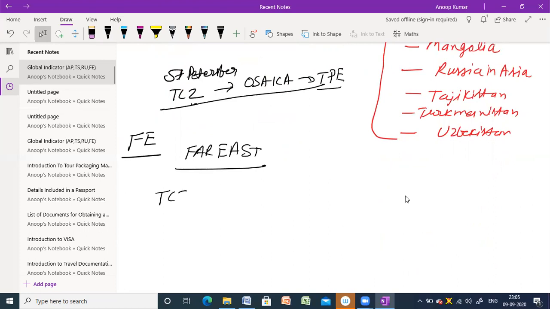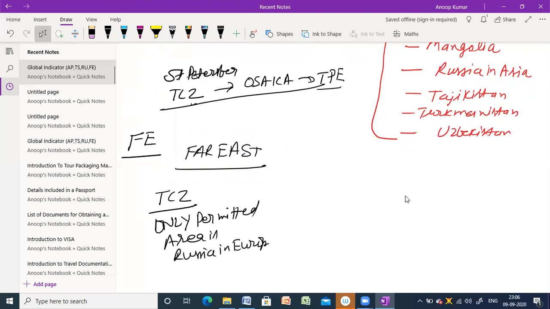The flight must start or originate from TC2, but the only permitted area is Russia in Europe, and one more country is added to this, that is Ukraine. The capital of Ukraine is Kiev. So either the flight must start or terminate in Russia in Europe or in Ukraine.